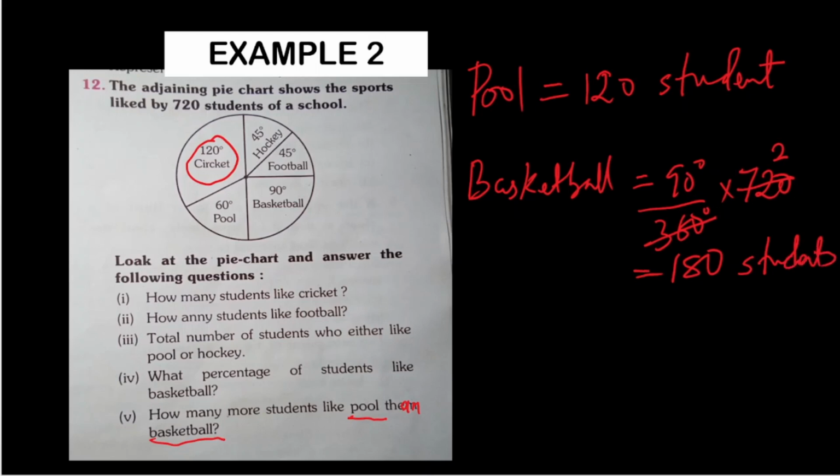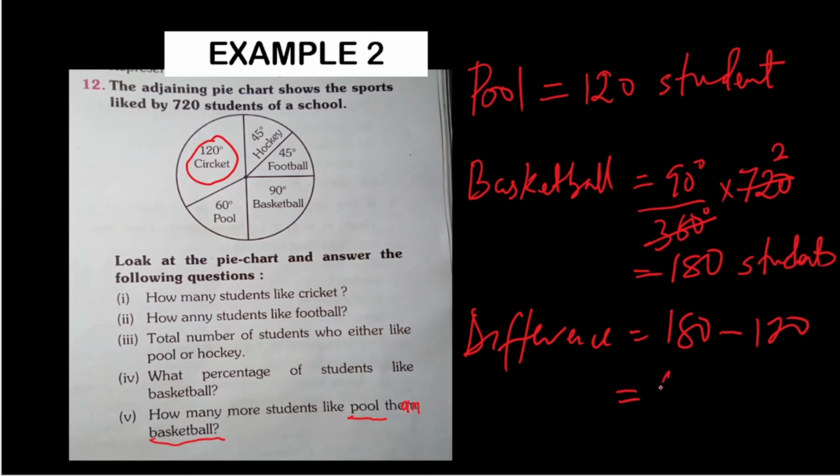So the number of students that like basketball are more than the number of students that like pool. So in that case, the difference between the two will then be 180 minus 120.